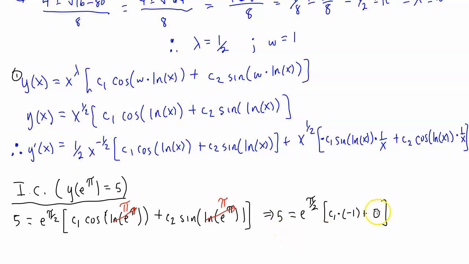Thus, we see that we essentially have here that 5 is equal to minus C1 e raised to the pi divided by 2.